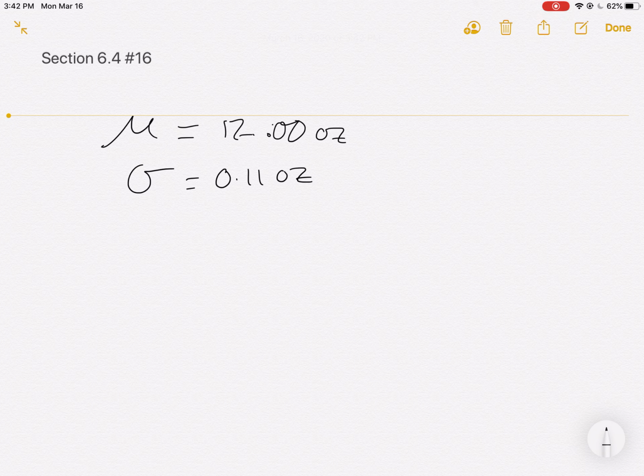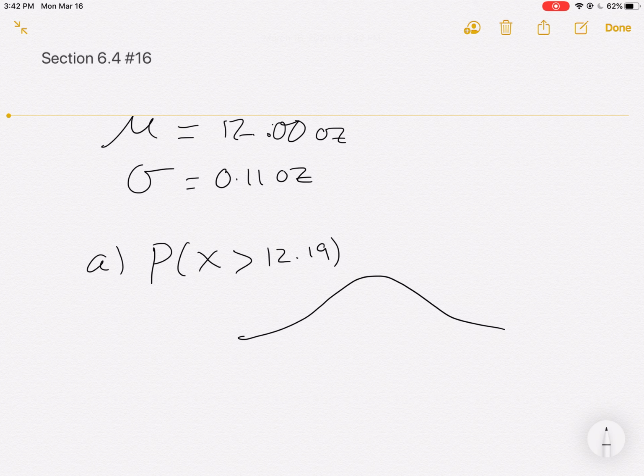For part A, they want to find the probability that a single can of Coke has a volume that is at least 12.19. And so we draw our normal distribution. This really is a 6.2 problem, although it's found here in 6.4. The mean is 12, and I care about 12.19.